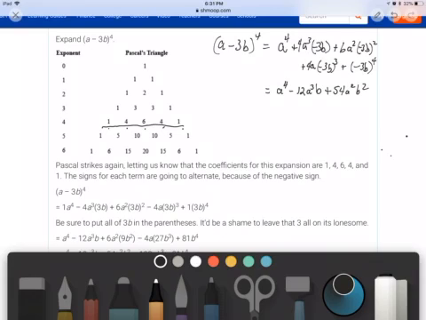And then we have 4 times a negative 3 cubed, so a negative 3 cubed, that's going to be a negative 27, and negative 27 times 4. Let me just do this on the side here.